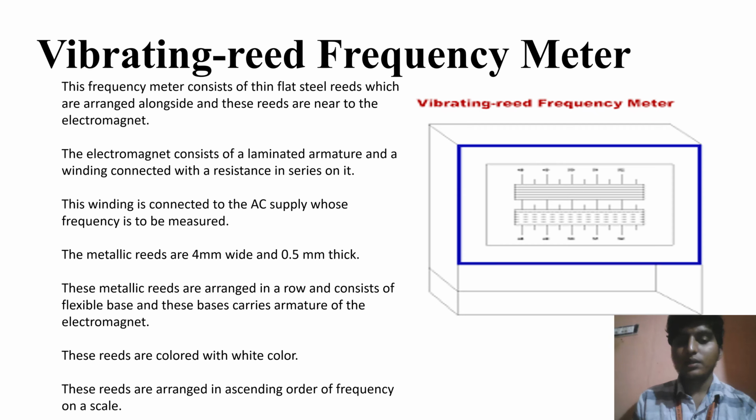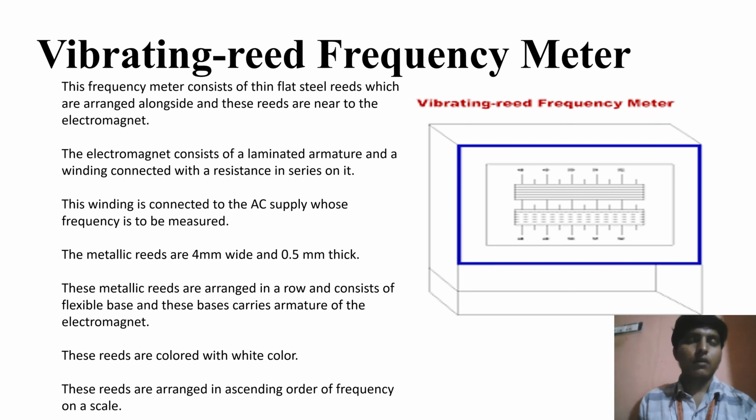This base carries the armature and electromagnet, and the reeds are colored white. These reeds are arranged in ascending order on the frequency scale, so that we can easily measure the frequency.